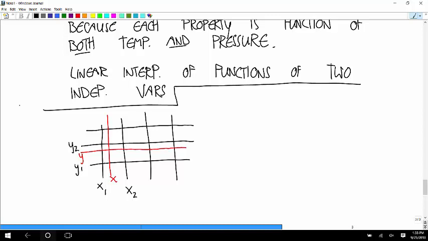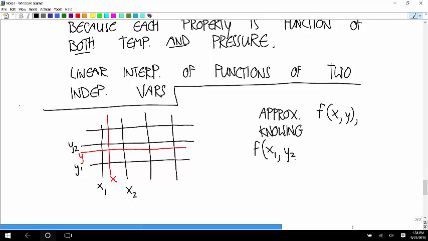And so we're going to approximate this function at x, y on the grid, knowing f of x1, y2, f of x2, y2, f of x1, y1, and f of x2, y1.